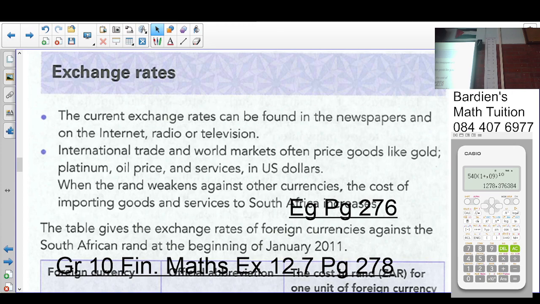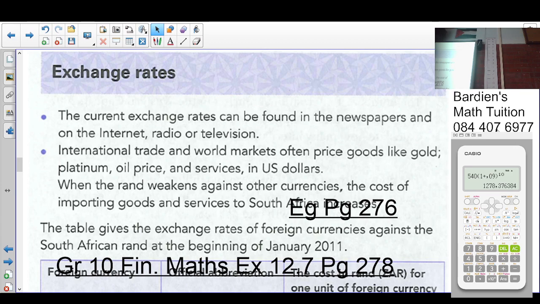Anyway, if you're going to change your money and exchange your rands, of course $1 is not 1 rand. It's currently 18 rand something.